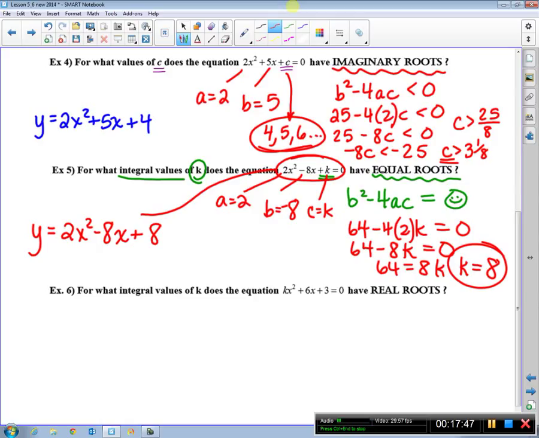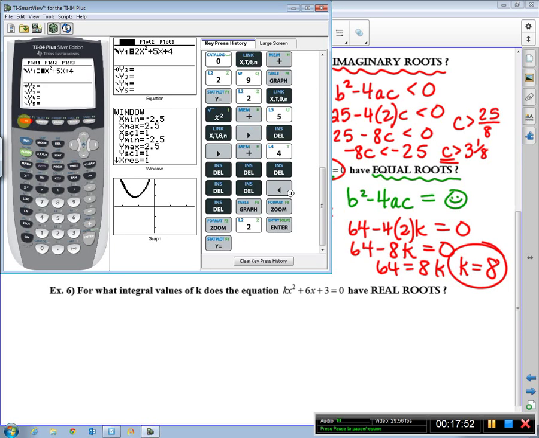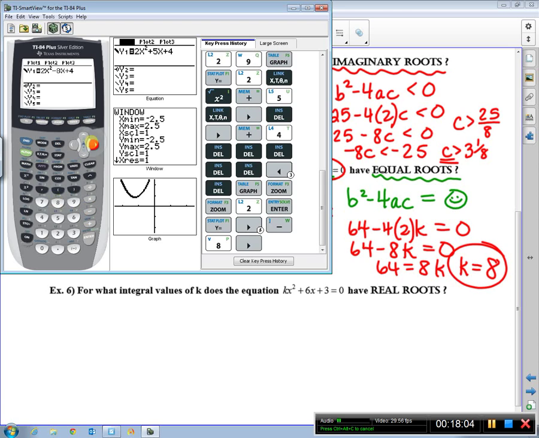Almost done. That was a little easier to change. 2x squared minus 8x plus 8.